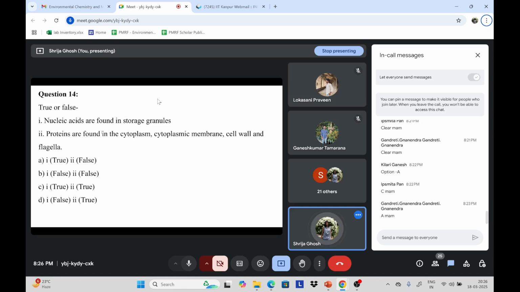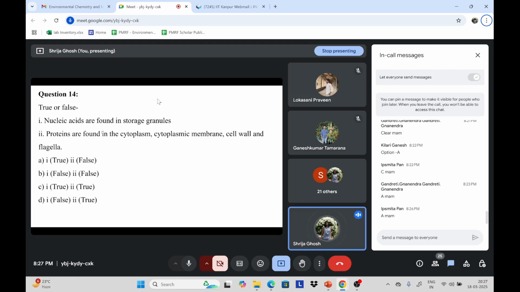What would be the correct answer? Write it in the chat box. Okay, I have one answer, option A. That is, first statement is true, second is false.